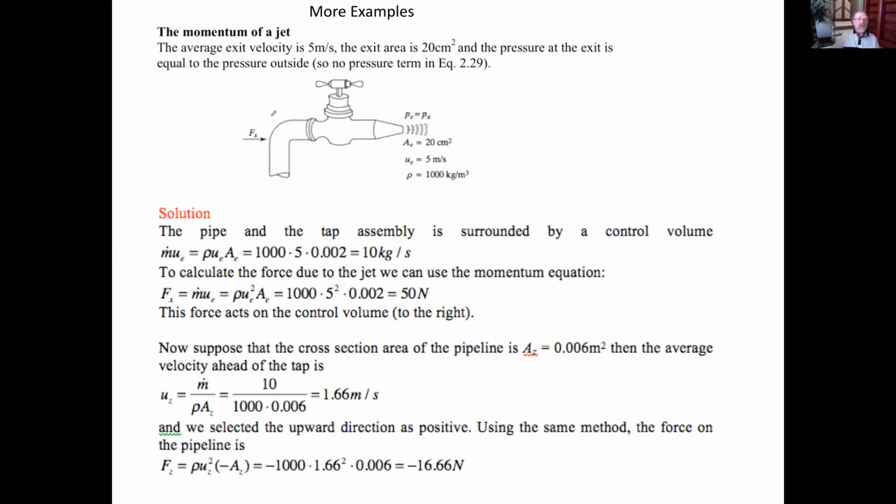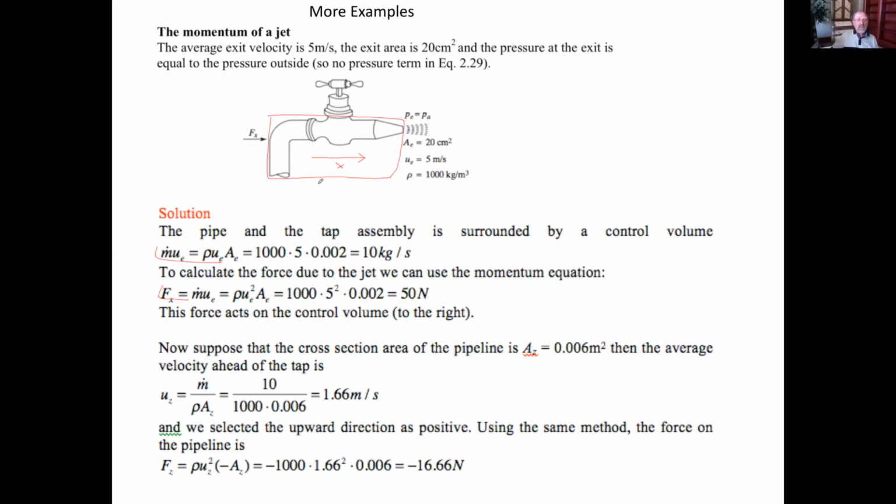In principle, we have all this in a control volume, and we have the x direction this way. We wrote down these two equations, which were the basic model, and we ended up with a positive force. So now let's see what it means.